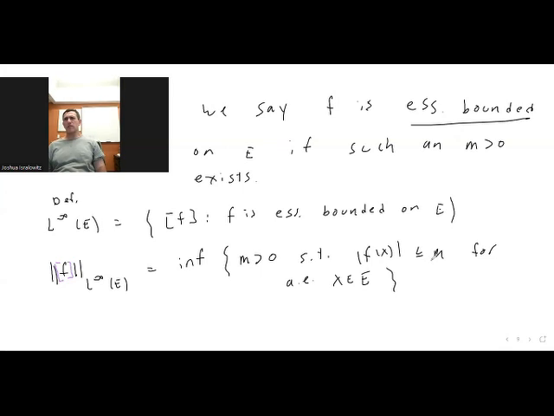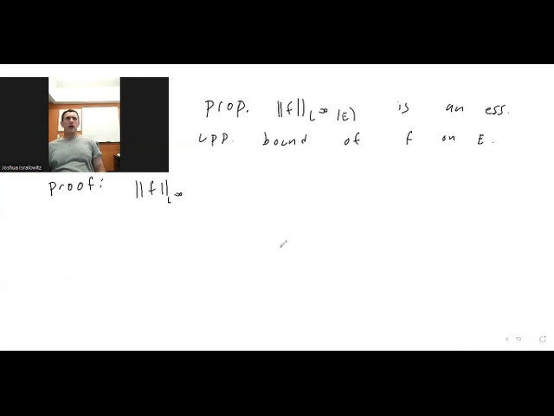If m is an essential upper bound for one element in this class, it's an essential upper bound for all elements of this class, because all elements of this class are equal almost everywhere. So this is well defined on the class generated by f.